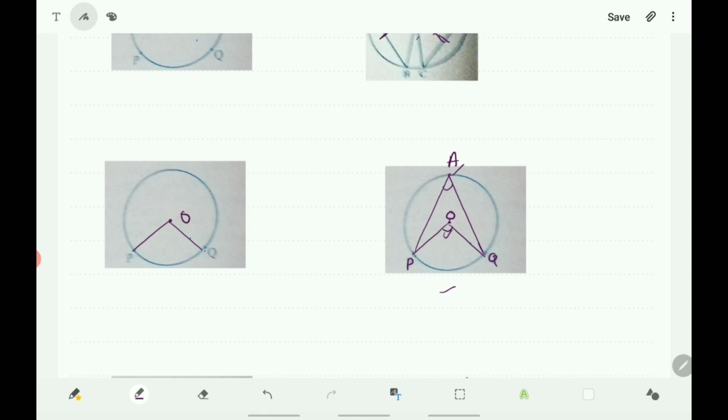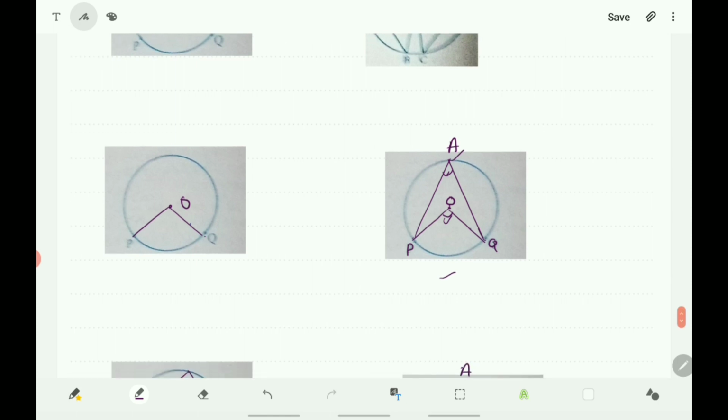If you measure them, you know that the angle at the center is double the angle at the circumference.